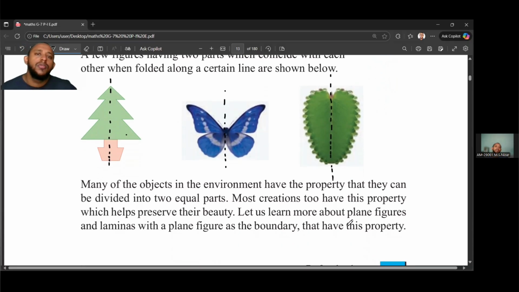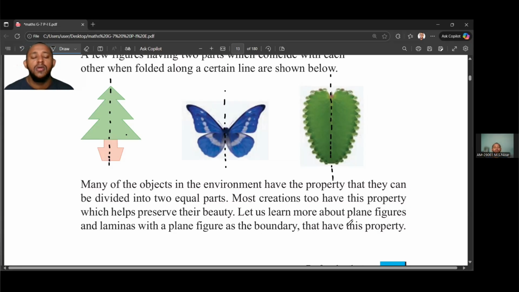So there are actually many objects in the environment that have the property that they can be divided into two equal parts. Most creations do have this property, which helps preserve their beauty.